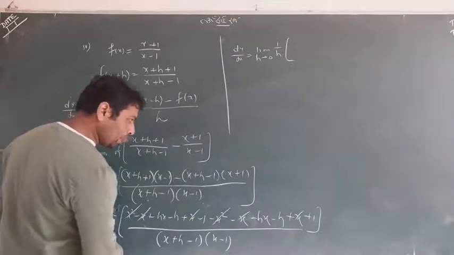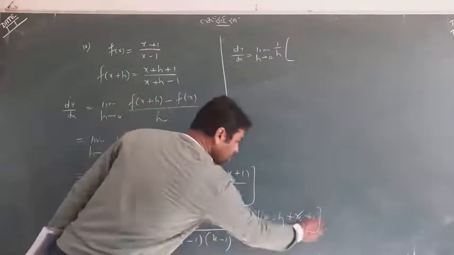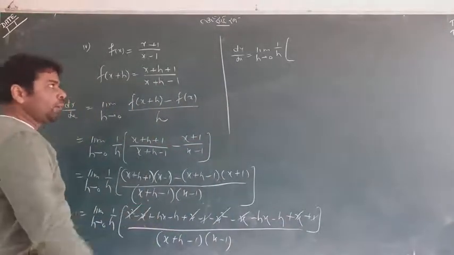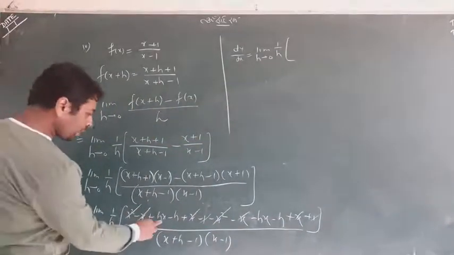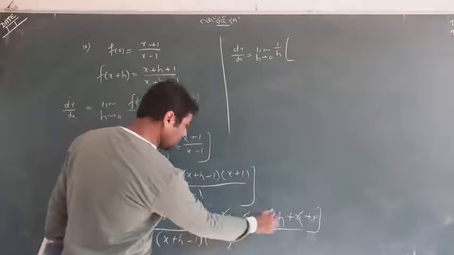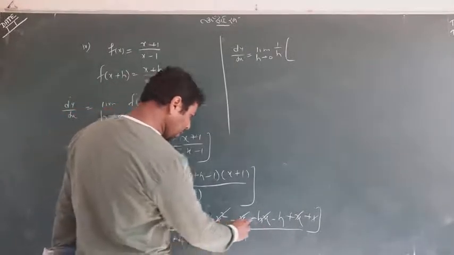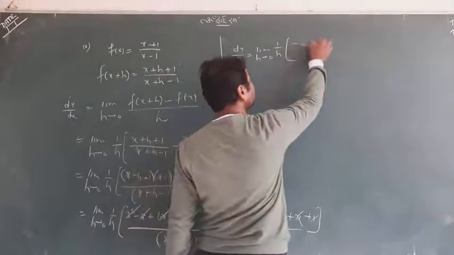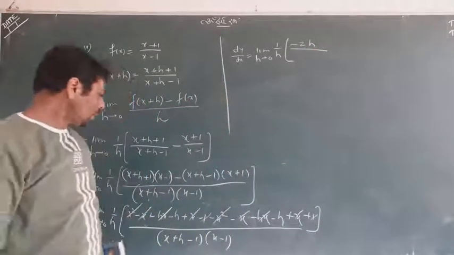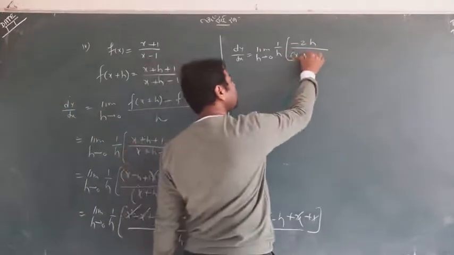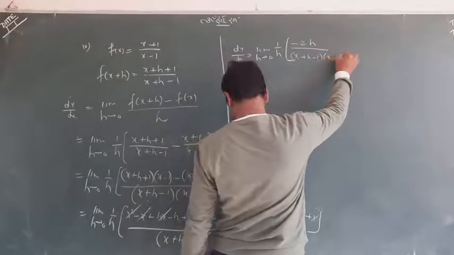Moreover, numbers also cancel, minus 1 and plus 1. Now balance it: hx and minus hx, wow, these two also cancel. So we have only minus h and minus h, it's minus 2h. And upon side we have x plus h minus 1 and x minus 1.